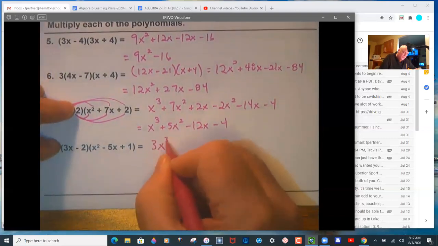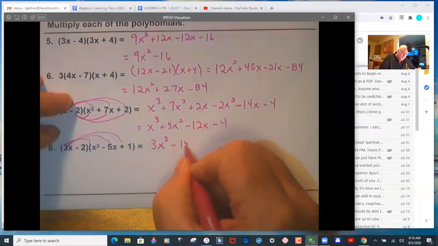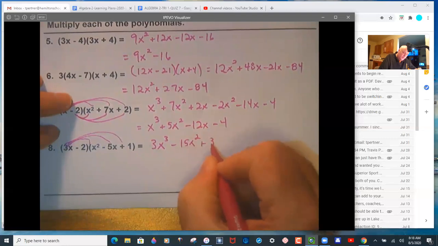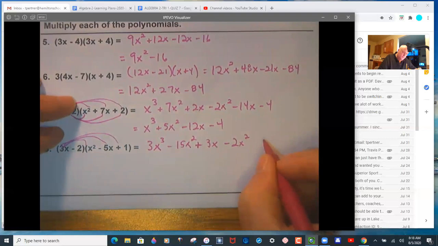So 3x to the third minus 15x squared plus 3x minus 2x squared.